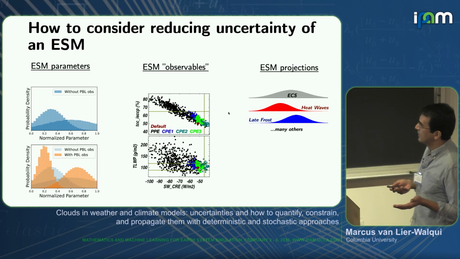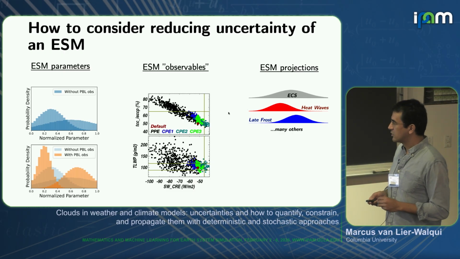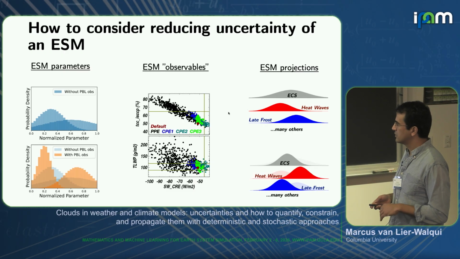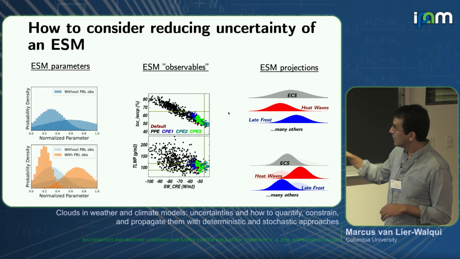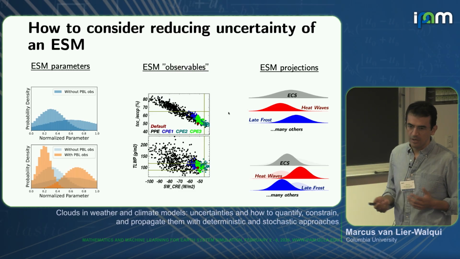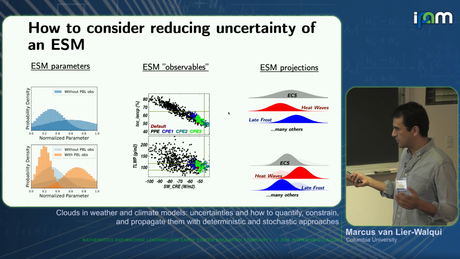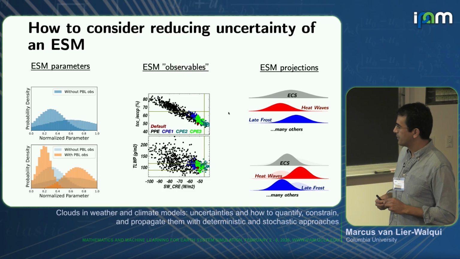Really what we want to think about is quantifying this reduction in uncertainty in terms of things that actually matter to people. So, equilibrium climate sensitivity, okay, yeah, only climate nerds really care about that, but more people should perhaps. But things like heat waves or late frost, right? If you get a late frost, your crops are ruined. Your crops that you've just planted are ruined, and that has a huge impact.